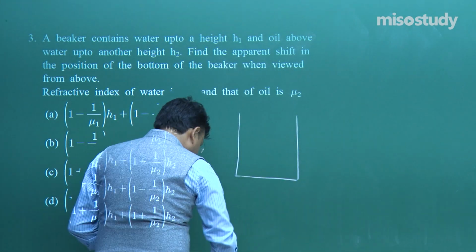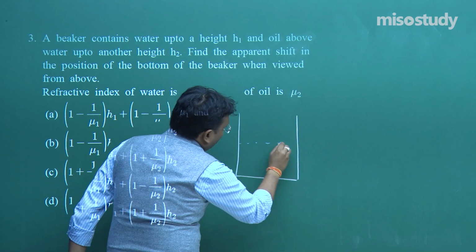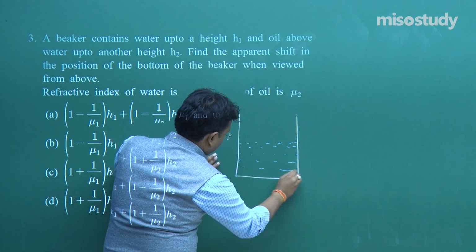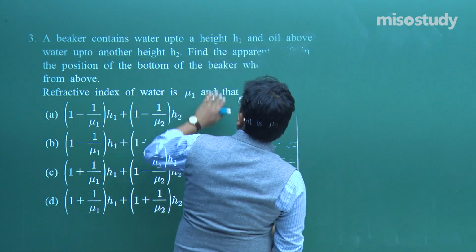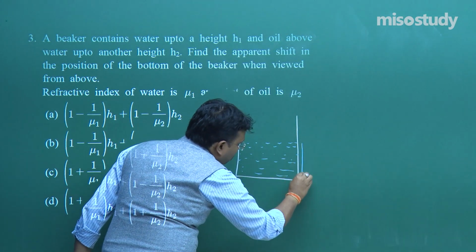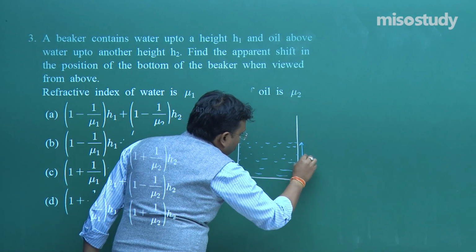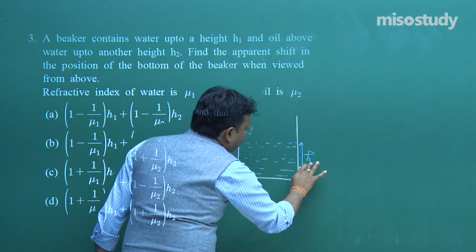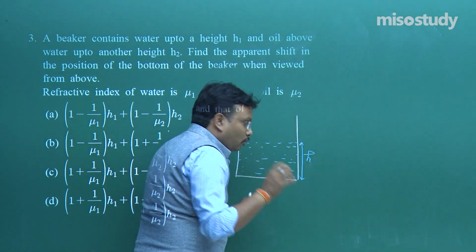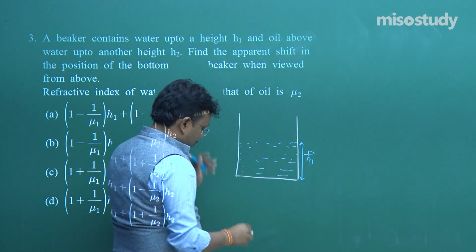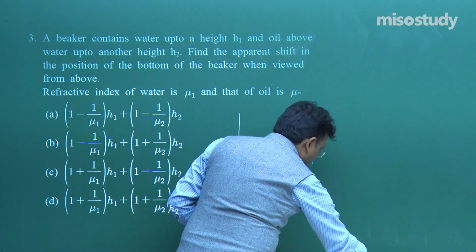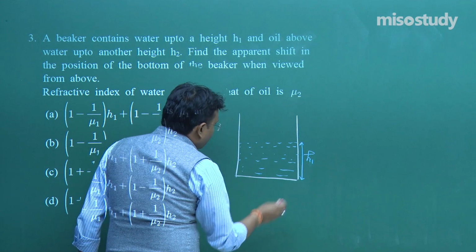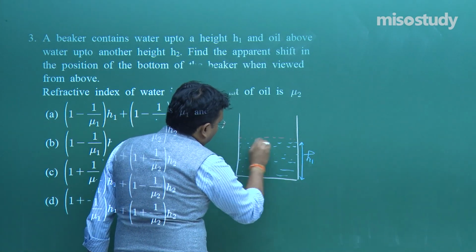Let me draw a simple diagram over here. This is a beaker. This blue color is water, up to height h1. And don't ask how oil can float on water. Oil always floats on water, unless your oil is of a different kind. And then I think I should use red color. This oil is red color oil.